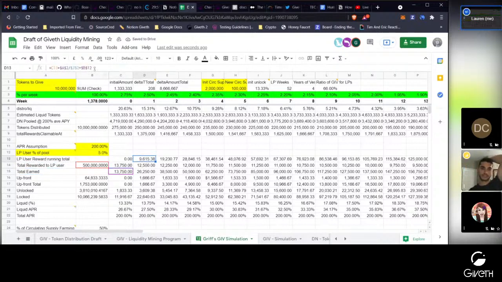And then this is 9. So what is this then? So this is the running total. So then they get A2, total tokens, divided by the weeks. Is this just wrong?